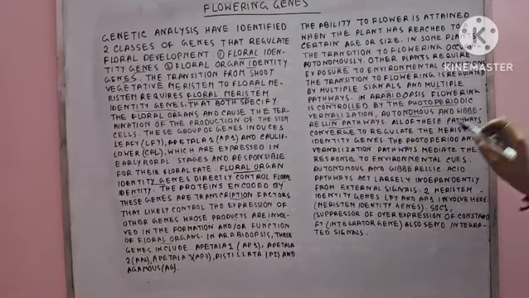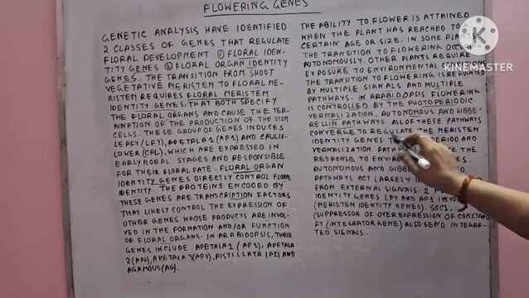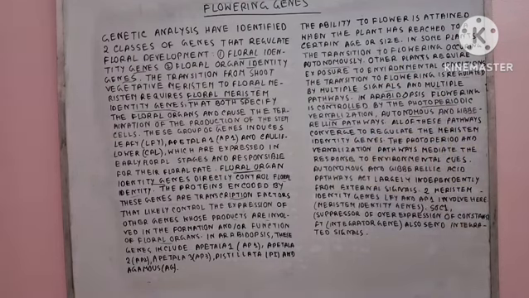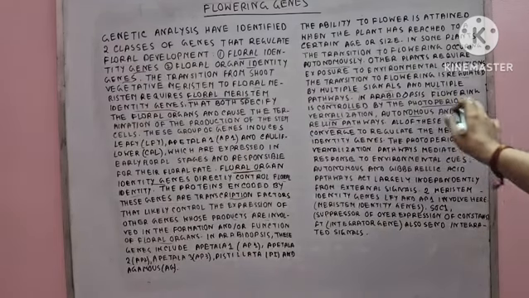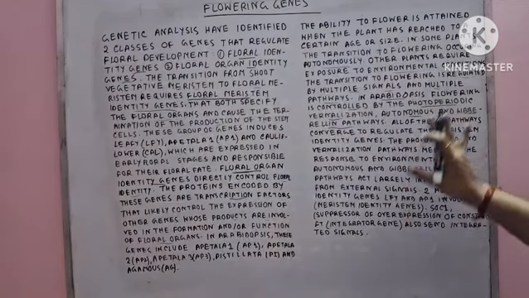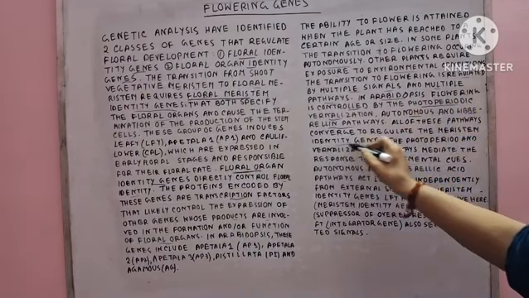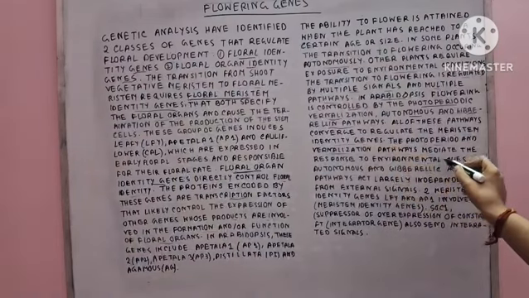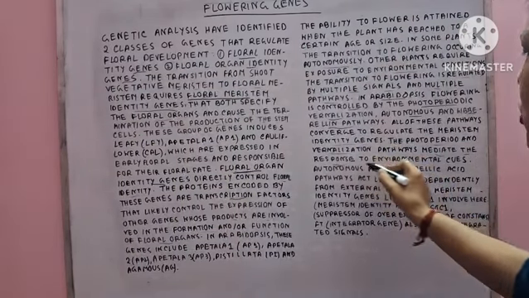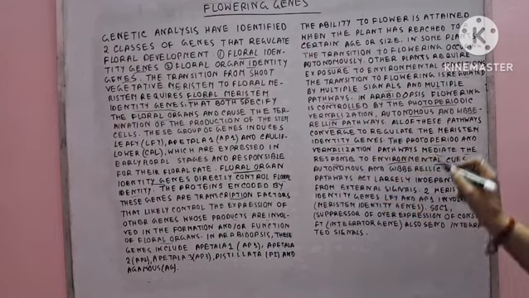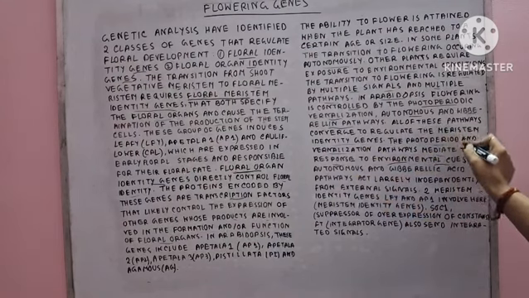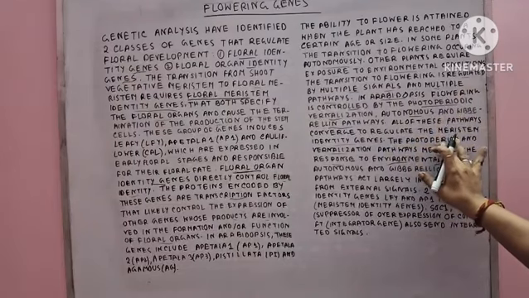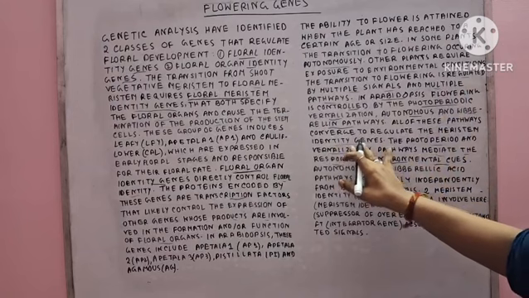Now all of these pathways converge to regulate the meristem identity genes. All this process is controlled by these identity genes. The photoperiod and vernalization pathways mediate the response to environmental cues. Obviously, with these 2 processes, one is controlled by light, and vernalization is controlled by temperature, low temperature.